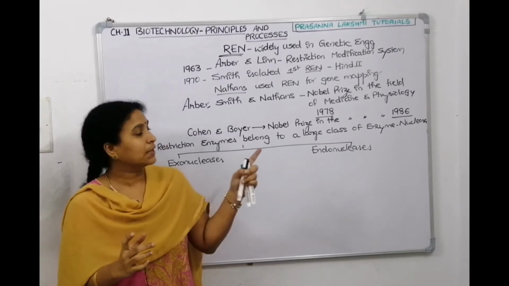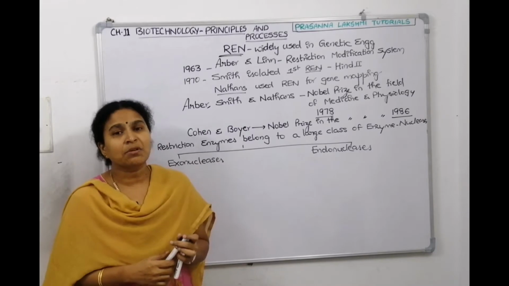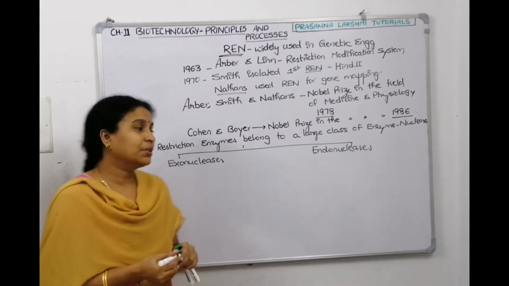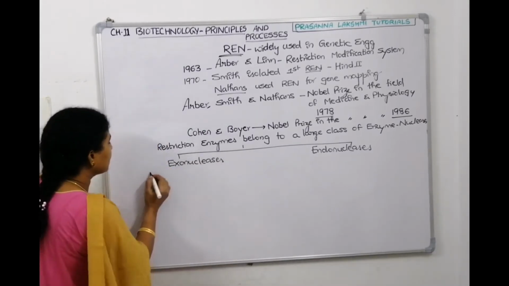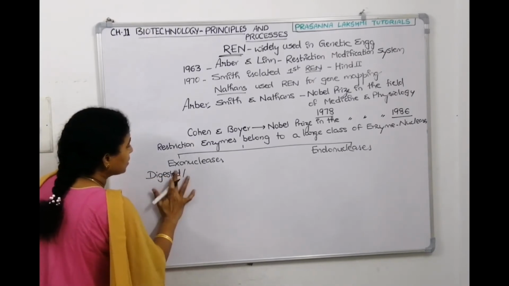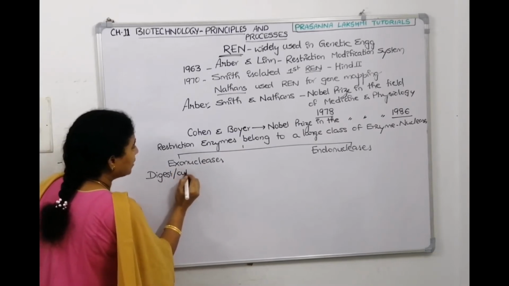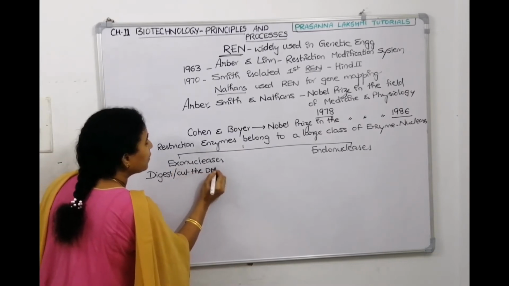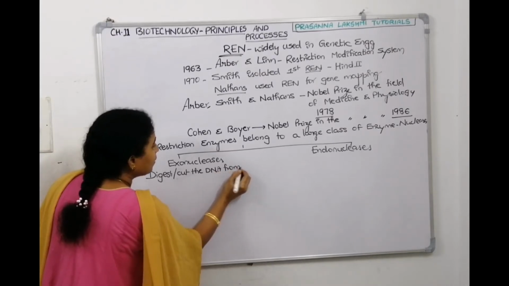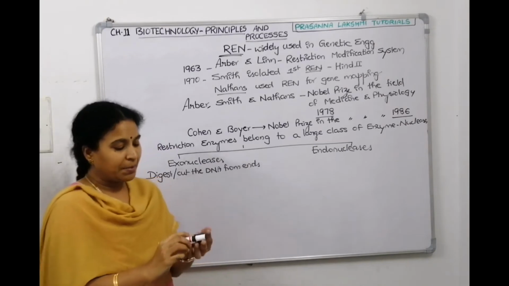A 5' exonuclease will cut from the 5' end, and a 3' exonuclease will cut from the 3' end. Exonucleases digest the DNA from the ends, either the 5' end or the 3' end.